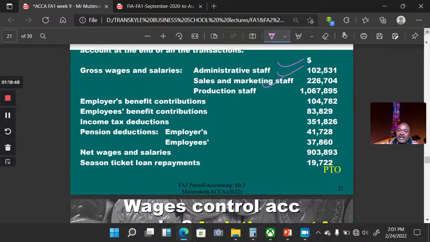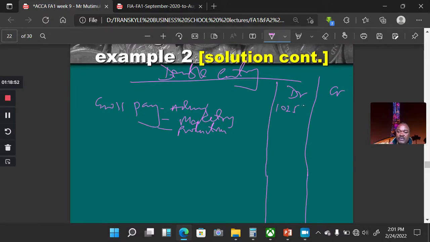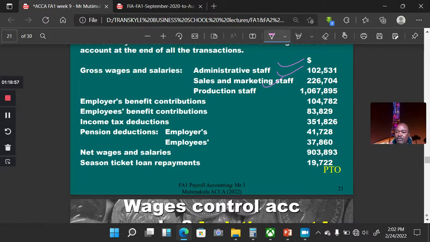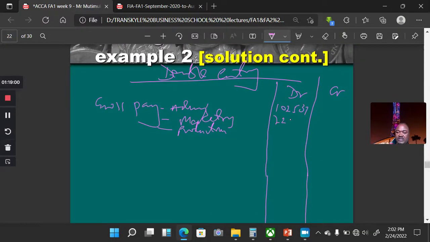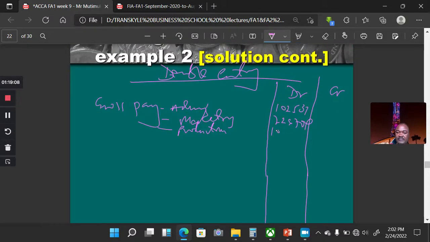The admin at 102,531. These guys have had 226,704, and then the other one was 1,067,895. If you add up, you just have to get the amount which you are going to put there as the wages control account.